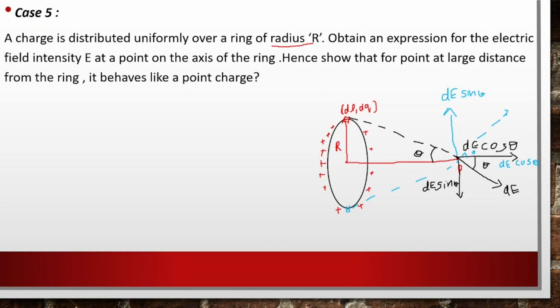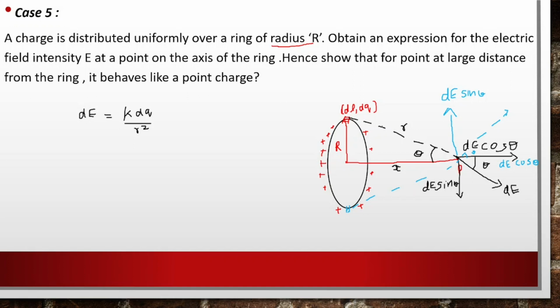So now it's easy, right? The distance between this dl and the point P is r. So don't forget that. Now we can find the equation for dE. So dE is equal to K dq by r square. And for dq, this r is constant, this theta is the same, and the distance from the center to the point P is x.